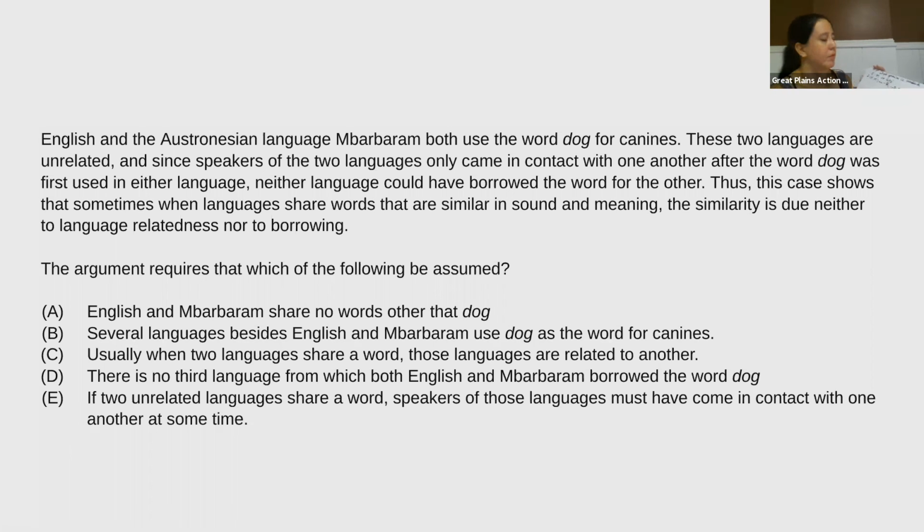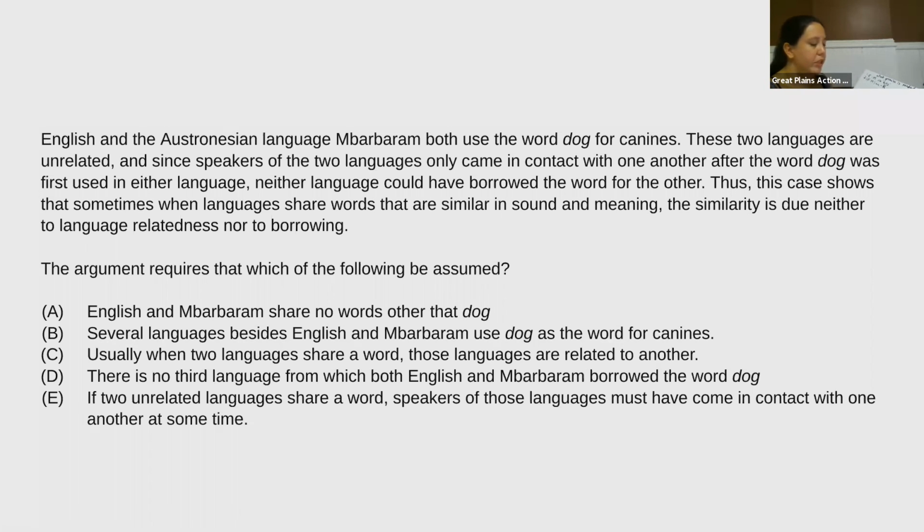All right. And from that, we're concluding, then we have our conclusion. This case shows that sometimes languages share words. Similarity is due to neither relatedness nor borrowing. All right, so let's kind of look at our premises. We have an instance where E and M both use the same word. And in this situation, they're not related and the word's not borrowed from each other. We have our conclusion.